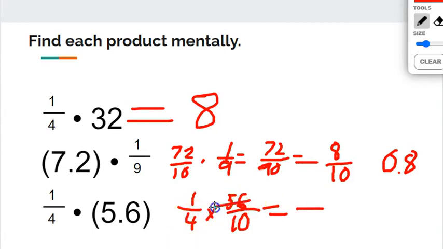So we divide both those out by 4. We end up with 14 tenths, which is the same as 1 4/10. Okay, not too bad.